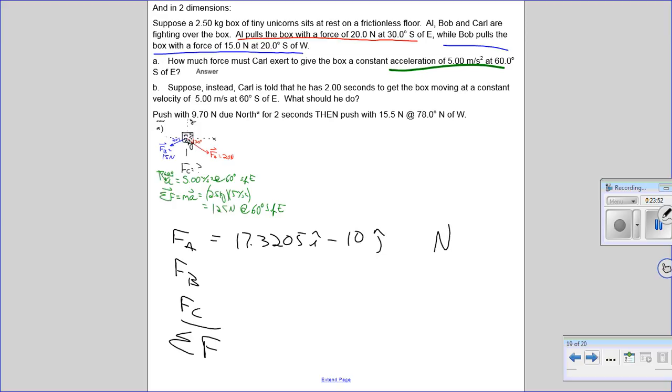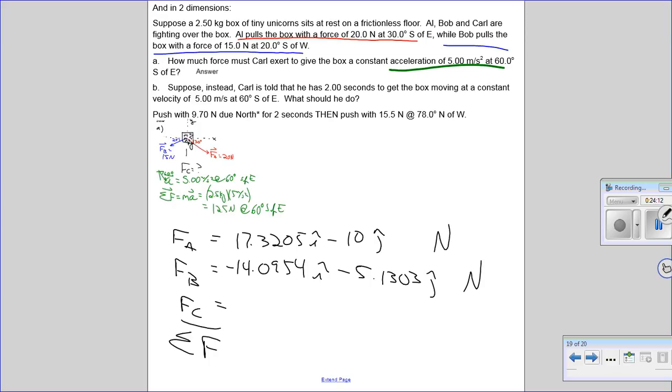The force of B is negative 14.0954 i minus 5.1303 j newtons.